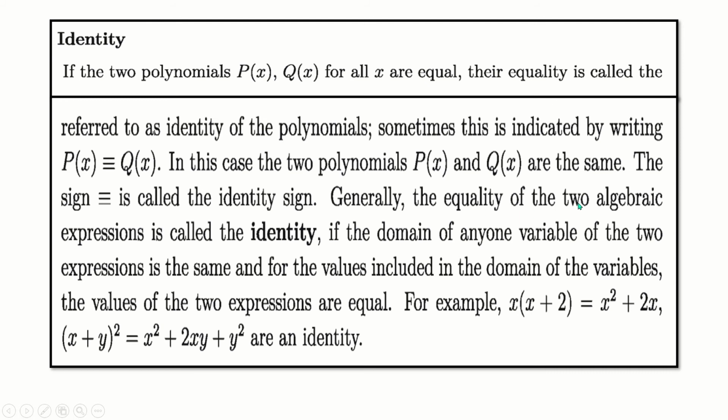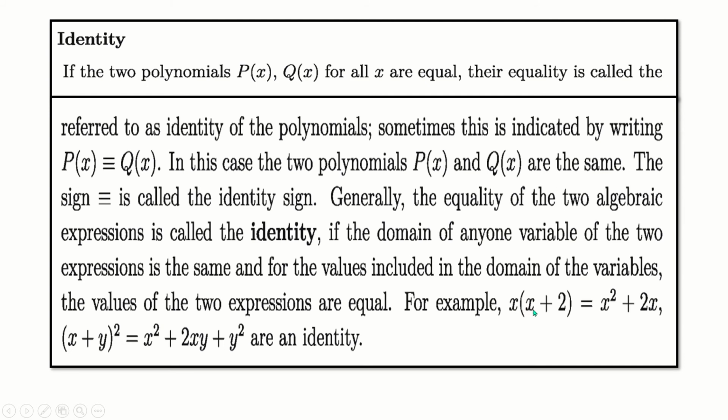Generally, the equality of two algebraic expressions is called an identity if the domain of the variable of the two expressions is the same, and for the values included in the domain of the variables, the values of the two expressions are equal.